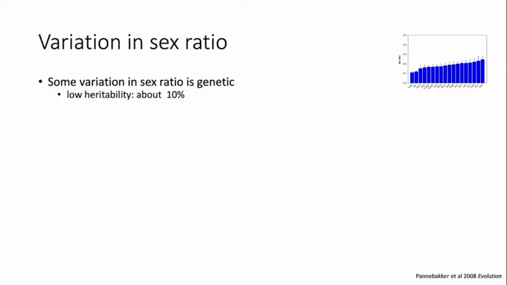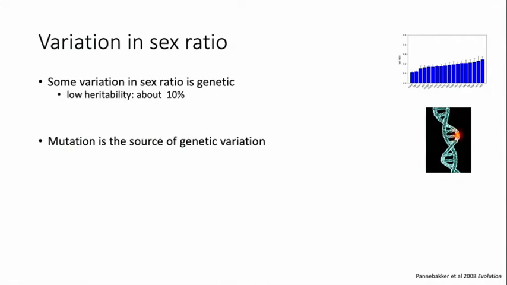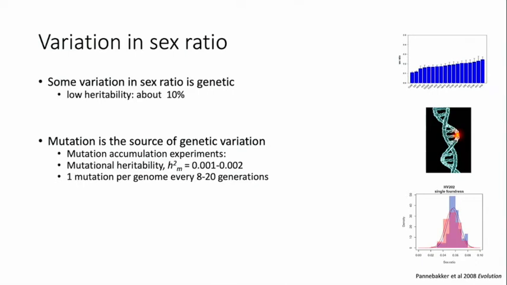If you look into that, of course, you need to look at mutation, as mutation is the source of genetic variation. We did a mutation accumulation experiment, and this was one of those old-fashioned mutation accumulation experiments where we didn't look at what was going on in the genome. We just looked at the phenotype, where you set up replicate lines, you put them through many generations, and in the end, you look at the variance between a control line and your mutation accumulation line.